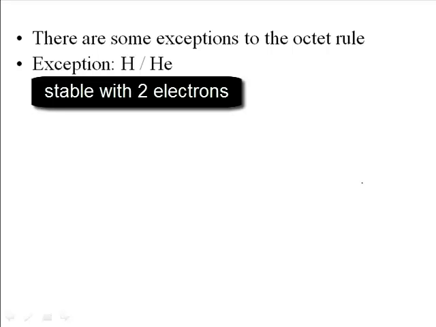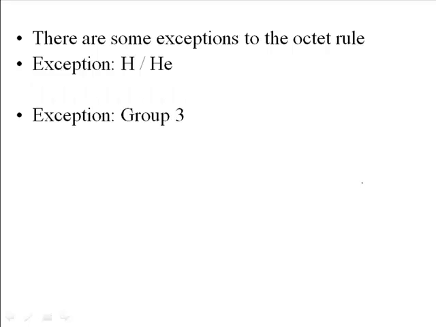Hydrogen has 1 valence electron, so as we saw in chapter 4, it can lose that electron, and that's one way for it to become more stable, or as we've seen in this chapter, it can share an additional electron, which allows it to have access to 2. So hydrogen and helium are stable as long as they have access to 2 electrons.